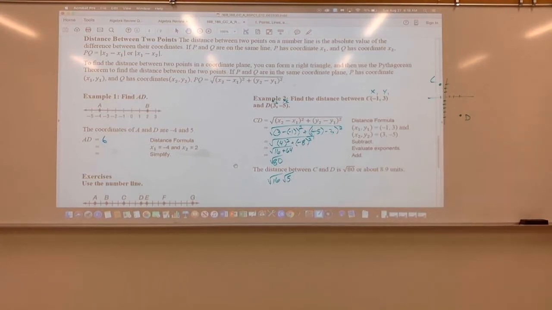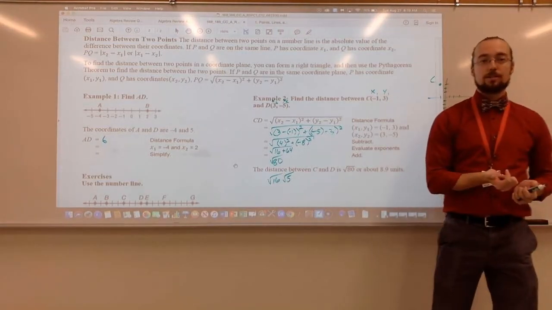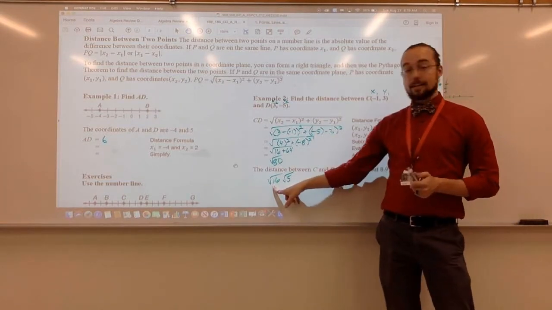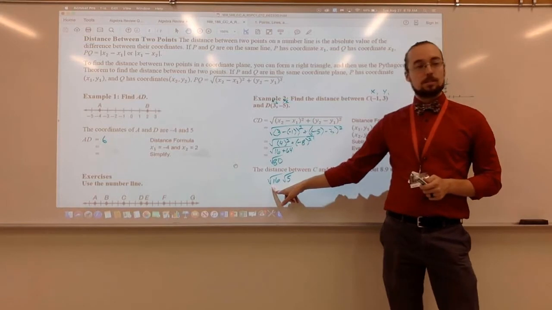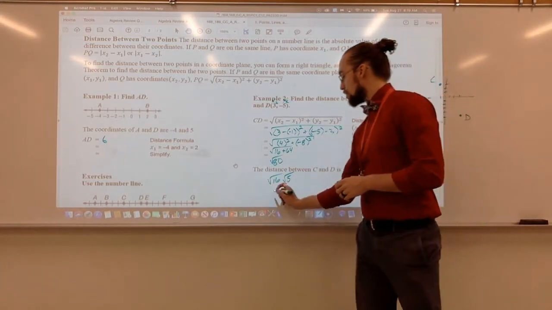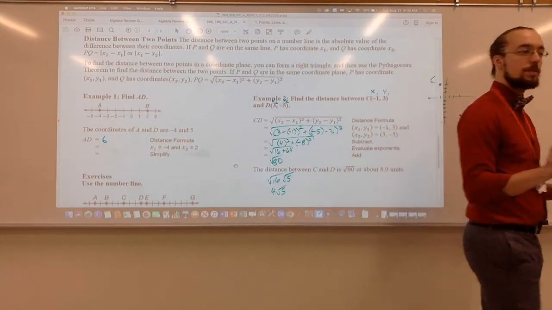Neither of those is a perfect square yet. So the next step is why we just want to look for perfect squares. I can take the square root of 16 now. What's the square root of 16? 4. Right? So this would simplify to 4 times the square root of 5.